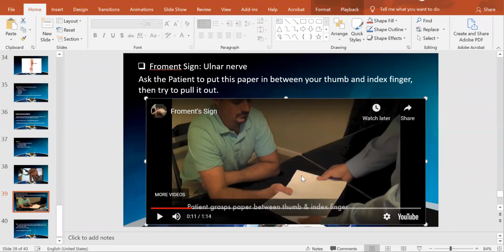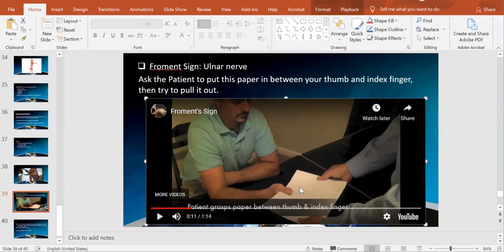If you are able to do that, that means the patient's ulnar nerve is not working. Okay, because most of the small muscles of the hand help in this adduction. We are actually checking the adduction of the thumb, which is the adductor pollicis, given by the ulnar nerve.